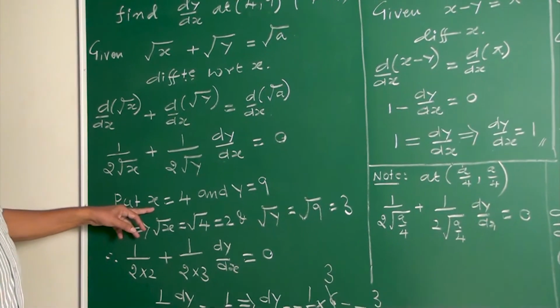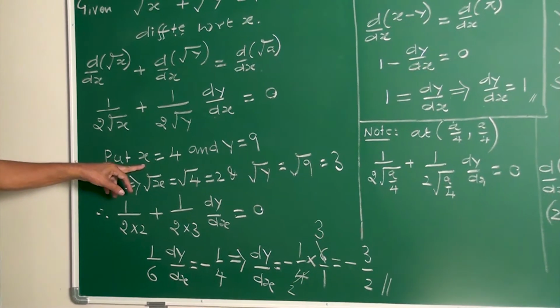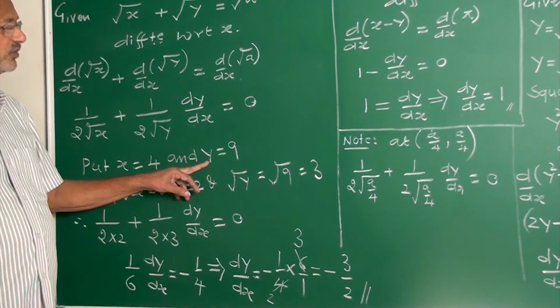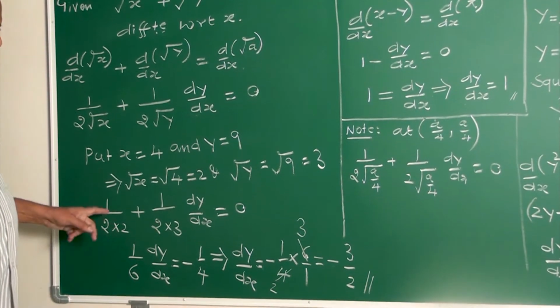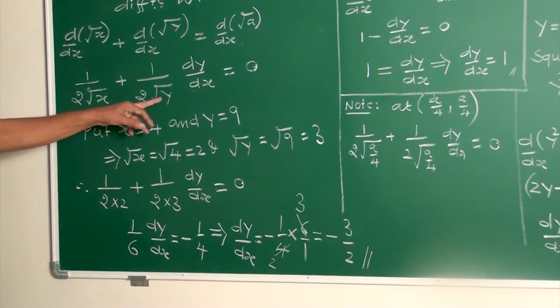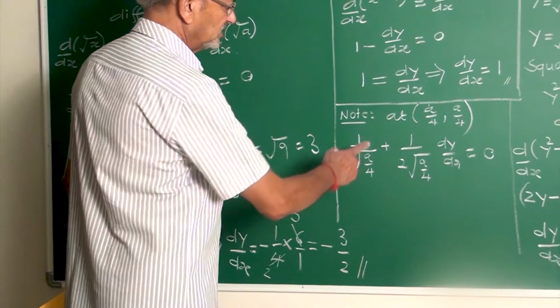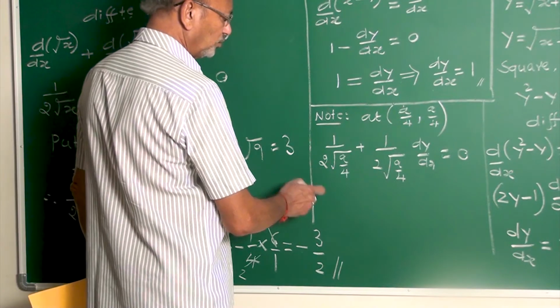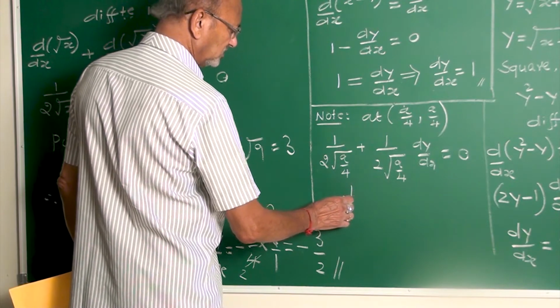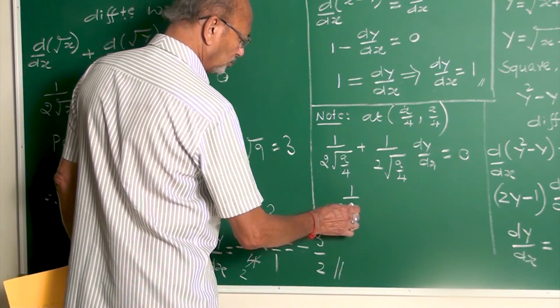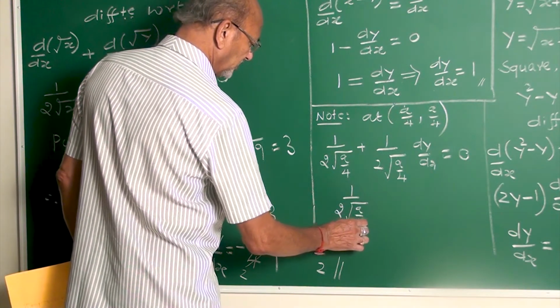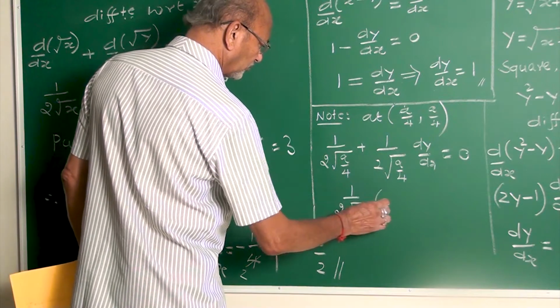Then here you have to put x equal to a by 4, x coordinate, y equal to a by 4, y coordinate, both are same. Substitute x equal to a by 4, y equal to a by 4. Tell me, my friend, what is common? This 1 upon 2 root a by 4 is common. You are left here 1.